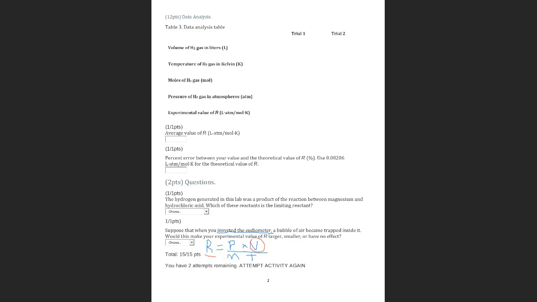If we have a bubble of air, our experimental volume is higher than the true volume. Part of that volume is occupied by the bubble. And because the volume is in the numerator, if the experimental volume is higher, we will obtain a higher experimental value of R.